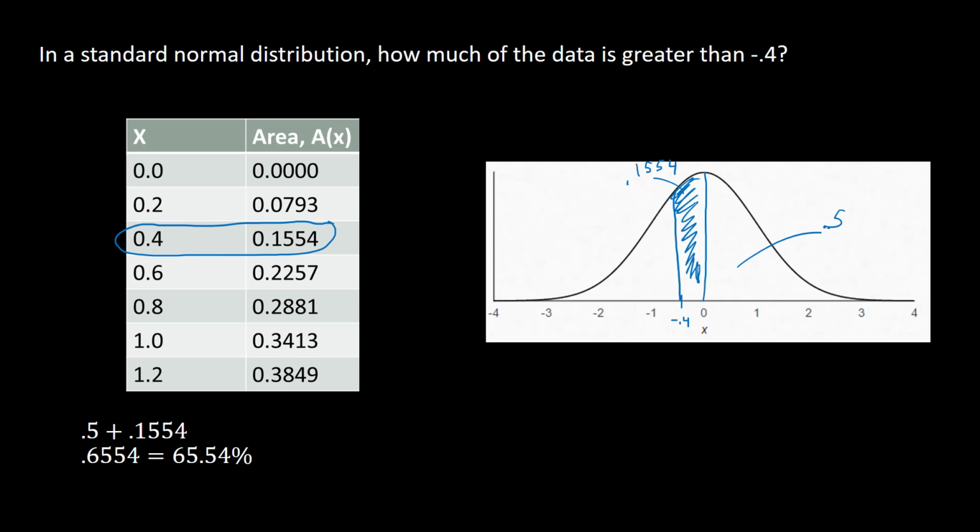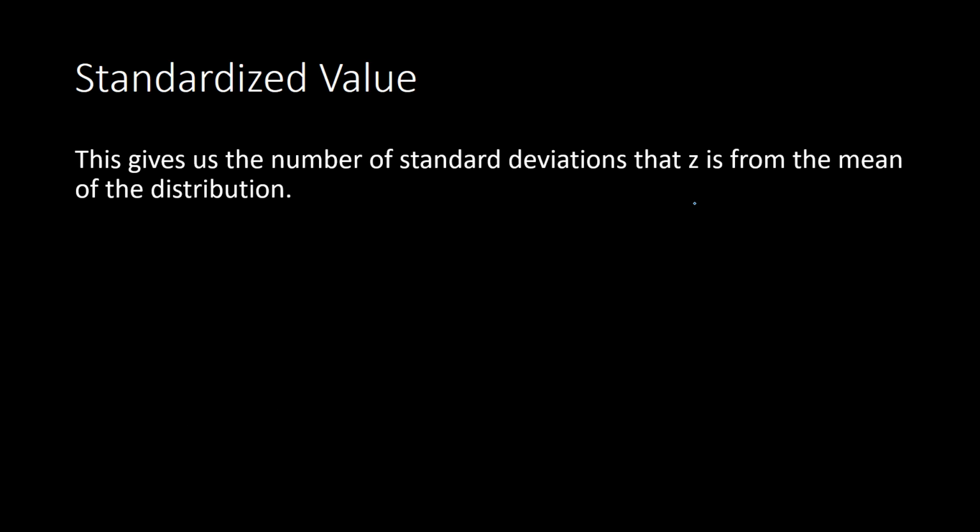So now we've learned how to interpret the table and answer different questions based off the table. But as we said, most scenarios in life, and probably all scenarios in real life, will not have a mean of 0 and a standard deviation of 1. So what I need to do is what we call find the standardized value. The standardized value is the number of standard deviations that some number or value z is from the mean of the distribution.